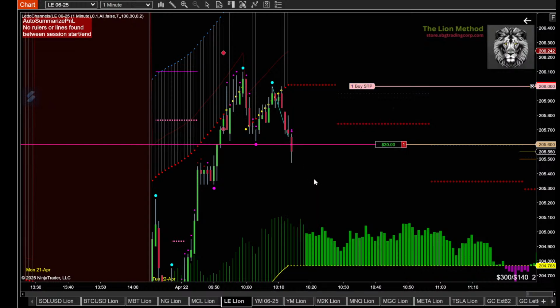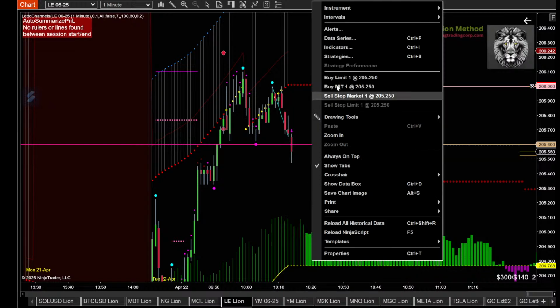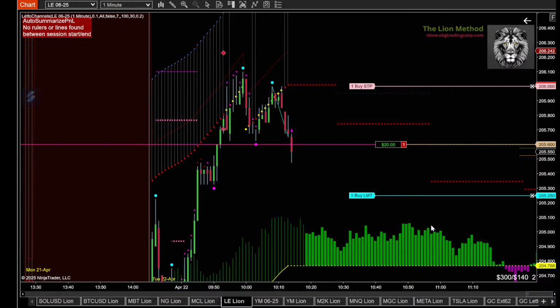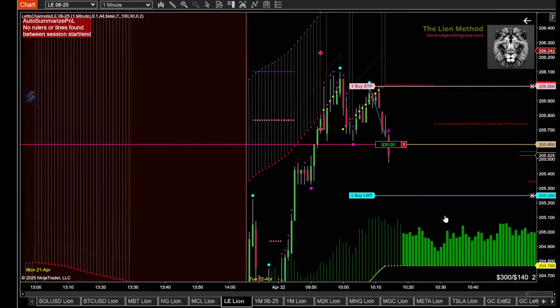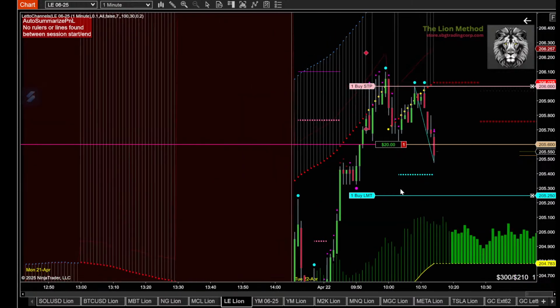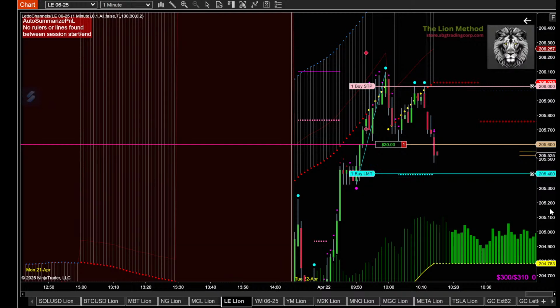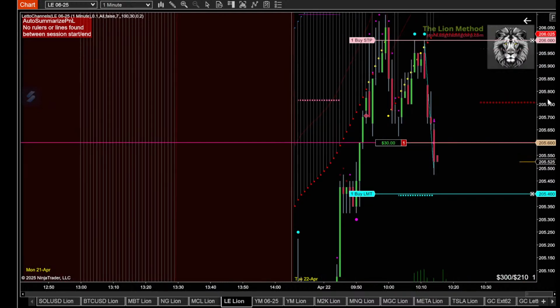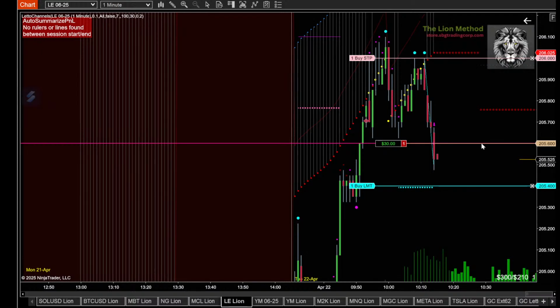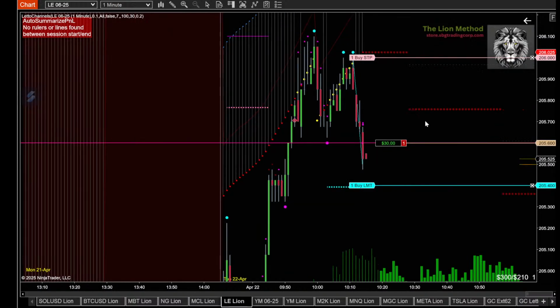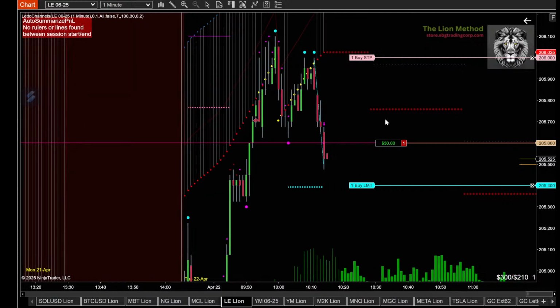Buy stop there. And I'm going to put a buy limit down here for now. Let's see where we should have our extension line print any second. And look, there it is. So we've got our target, we've got our stop, we are short in the LE June contract. Let us see how that plays out.